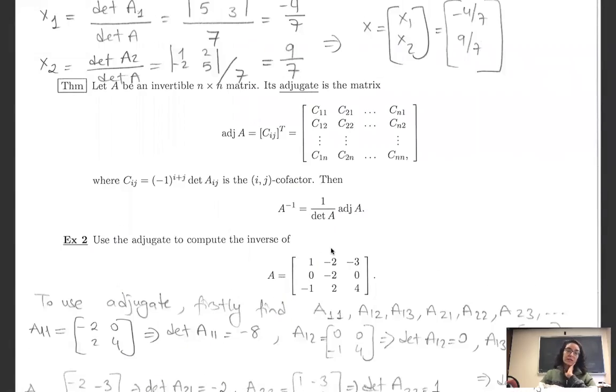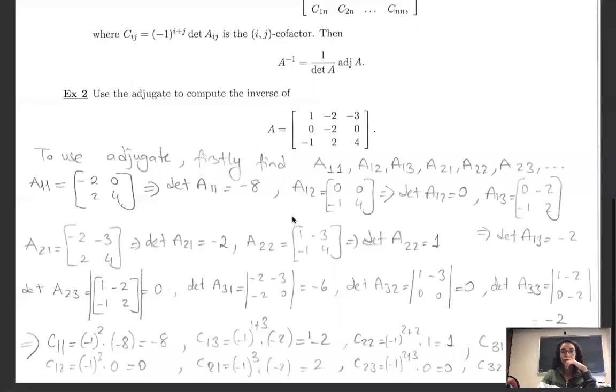I generally don't prefer to use this method unless I'm told to use it. So this is a long process. If in exams or quizzes we don't specify that you should use the adjugate of the matrix to find the inverse, you don't have to use this formula, but it's good to know.